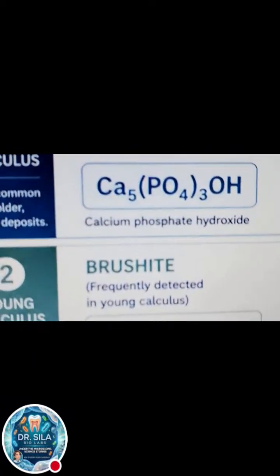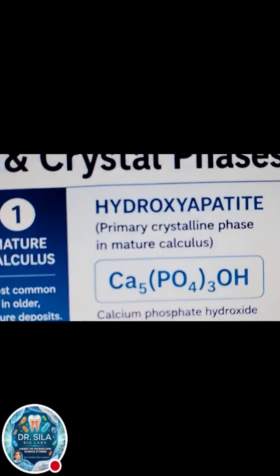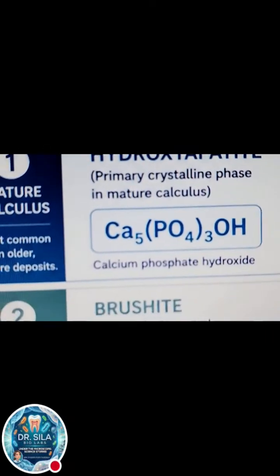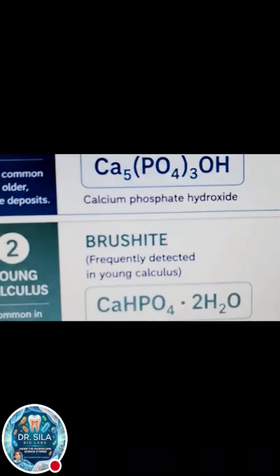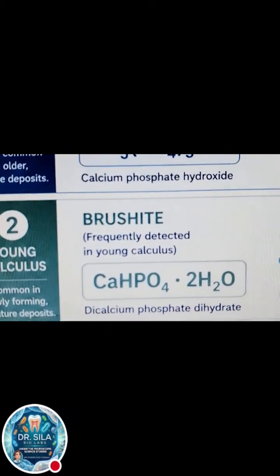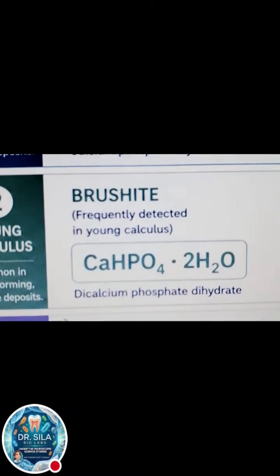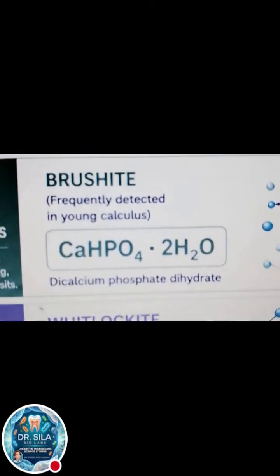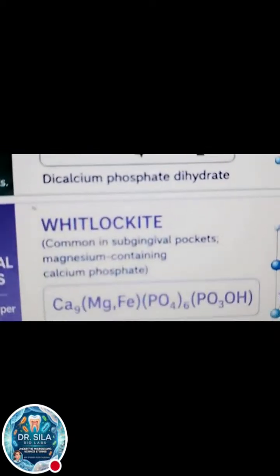First, the mature is hydroxyapatite, crystalline phase calcium phosphate hydroxide. Second, the soft or young calculus is called brushite, dicalcium phosphate dihydrate, and the subgingival is called whitlockite.